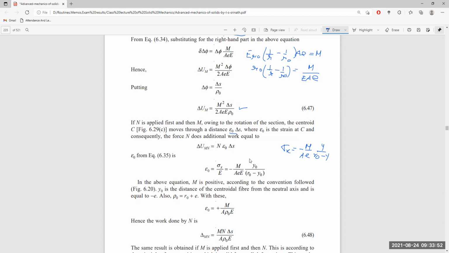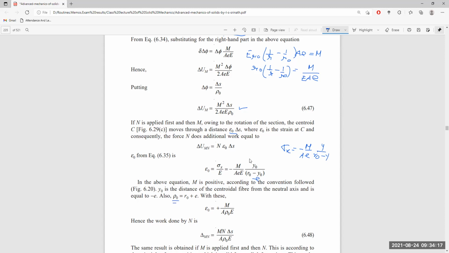In the above equation, if M is positive, then according to the convention followed, Y0 is the distance of the centroidal fiber from the neutral axis and is equal to minus E. So if we put minus E here in case of Y0, then this equation will take the form rho 0 plus E, and that is equal to R0 plus E, that is equal to rho 0.